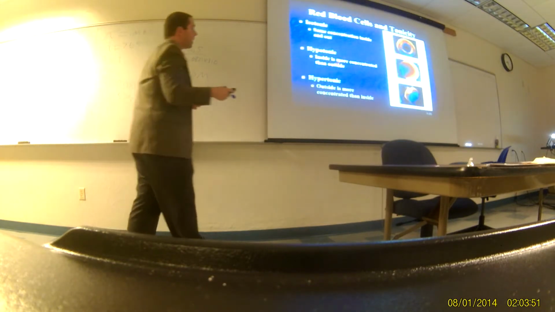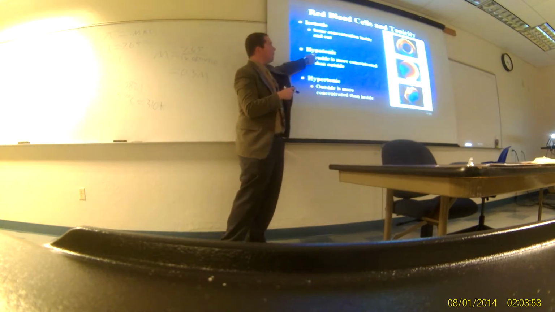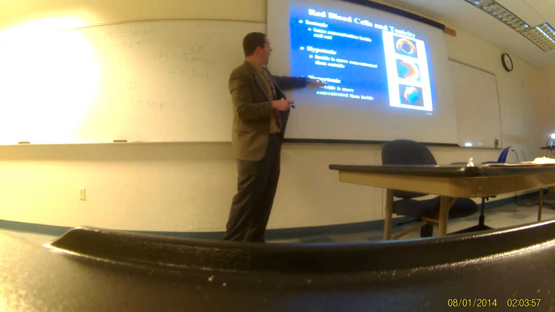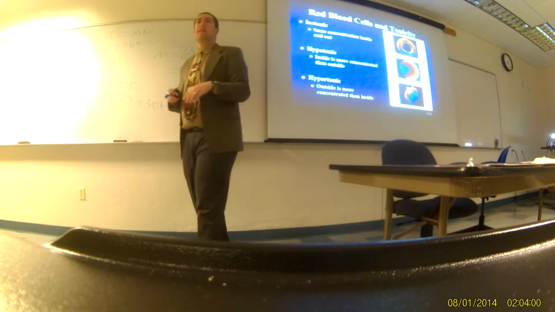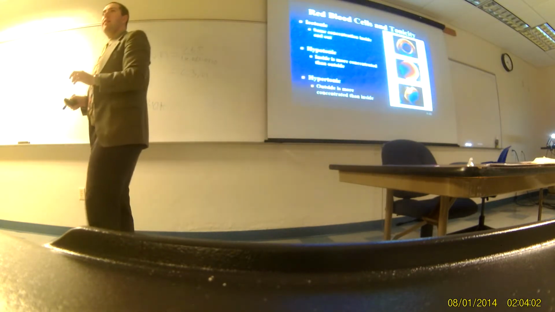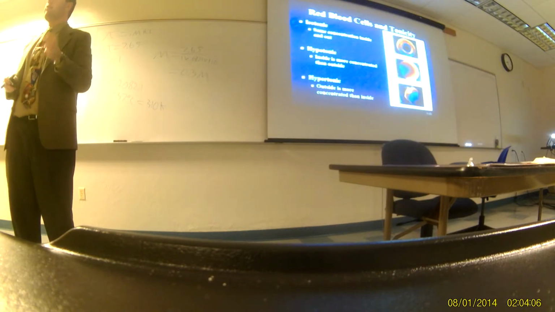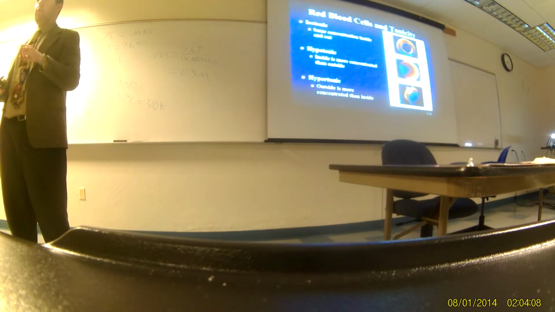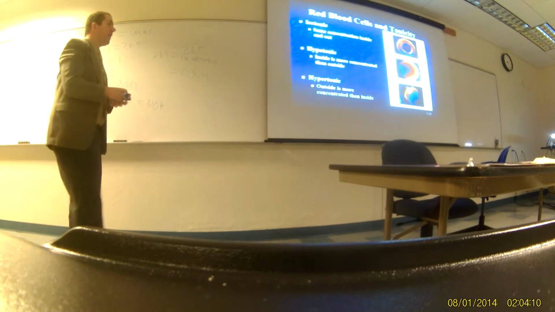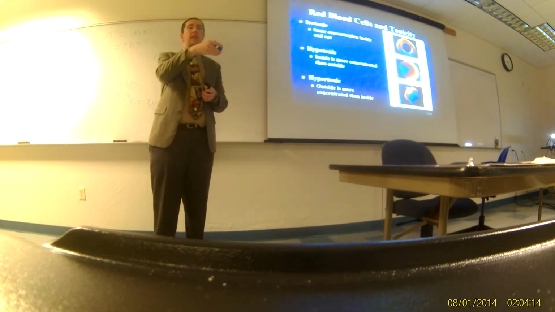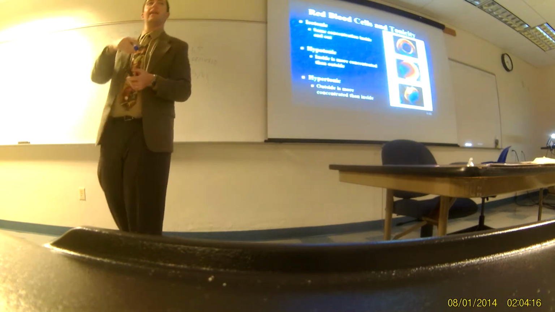That is called hypotonic. Hypo is low. Think of hypothermia. Hypo is low. The opposite is hypertonic. If you put a cell in a solution where the solution in the beaker is more concentrated than the inside of the cell, the water on the inside of the cell is going to go out. It's going to go towards the high concentration.